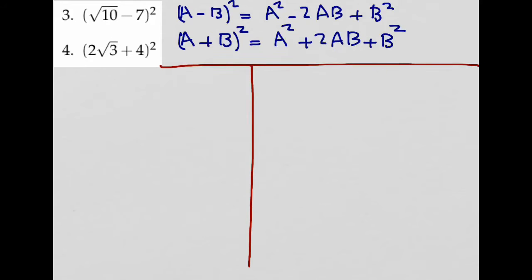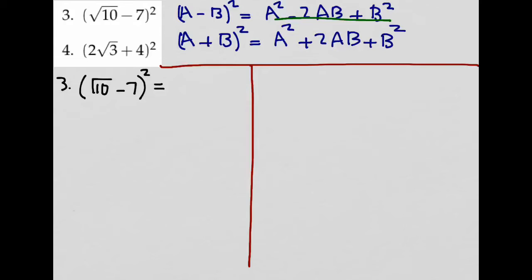On to examples 3 and 4. In example 3, let us simplify square root of 10 minus 7 quantity squared. This is of the form a minus b quantity squared, which recall expands as a squared minus 2ab plus b squared.